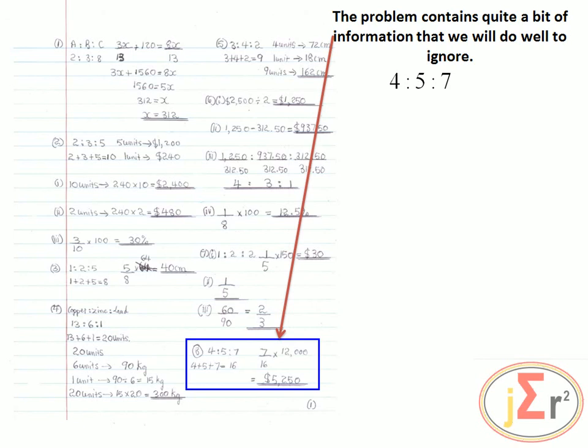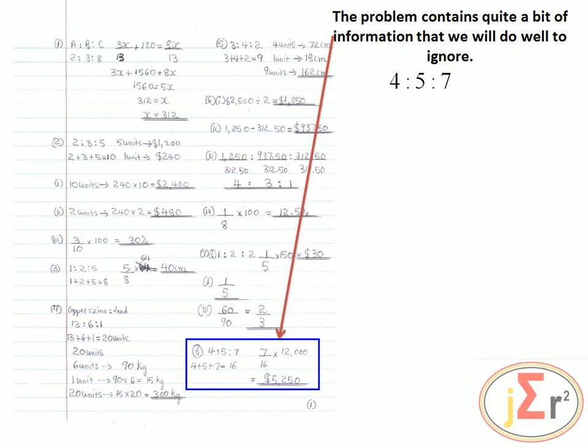The only thing that matters is that Lily's amount is $12,000 and she decides to use it according to the ratio that we have there. So we will ignore that Margaret exists, ignore that Nancy exists, and ignore the amount of money given to them. Just focus on the fact that Lily got $12,000 and she decided to use it according to the ratio that we have right there.